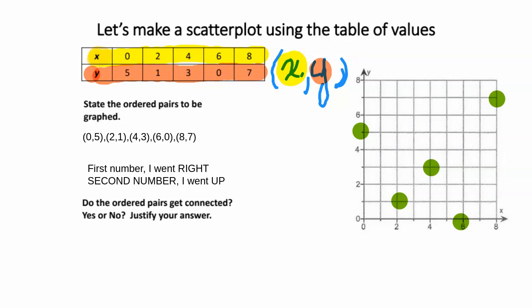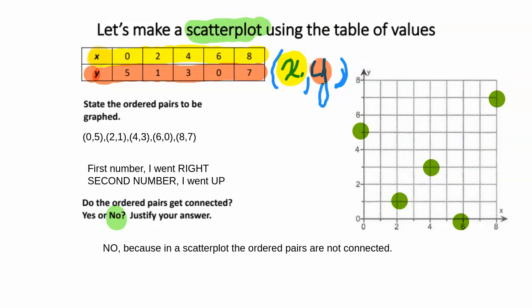Well, this little word is meaning no, because in a scatter plot, the ordered pairs are not connected.